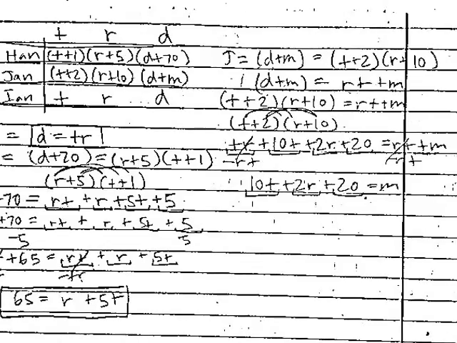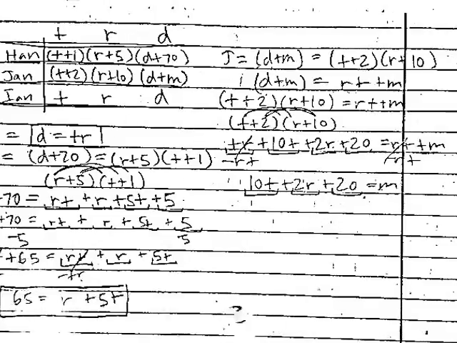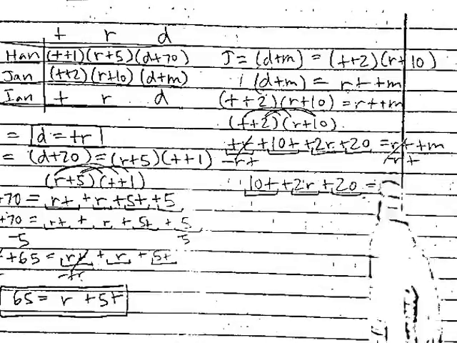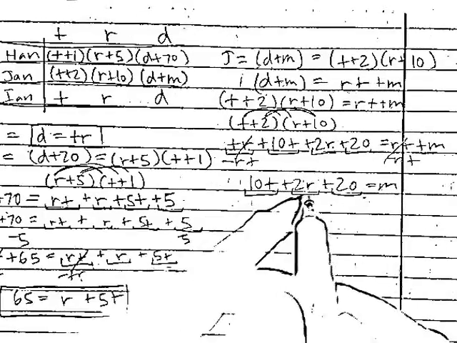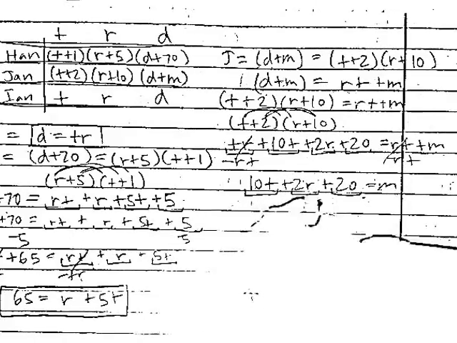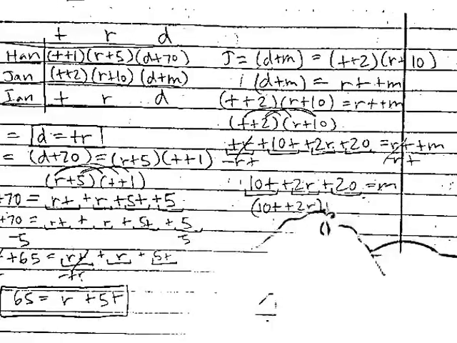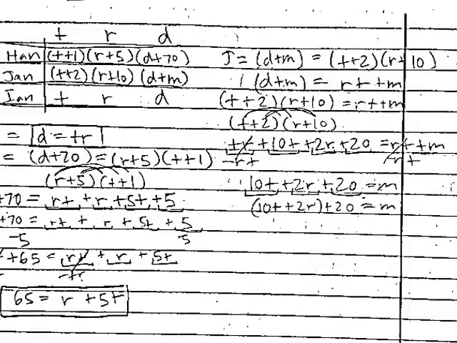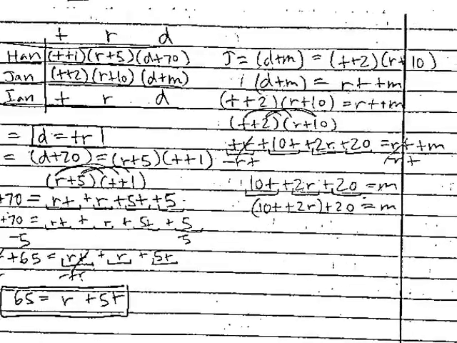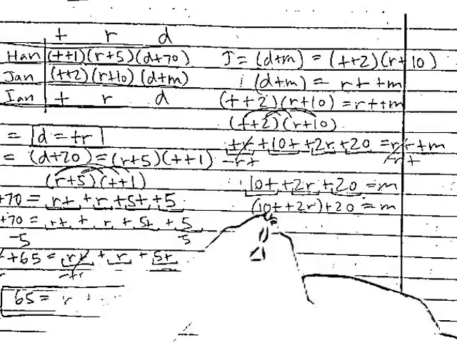So what I have here is 10t plus 2r plus 20 equals m. If I group these two together, it equals the same thing, but I'm adding parentheses so you can better understand what I'm going to do next.